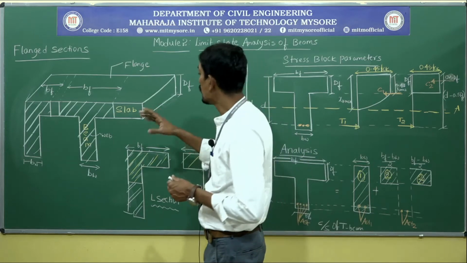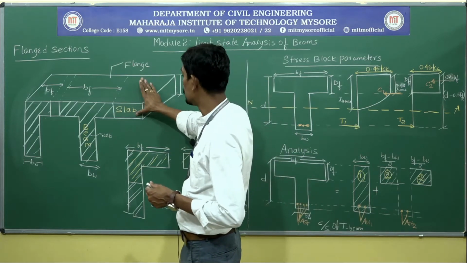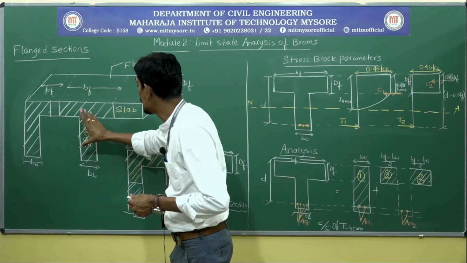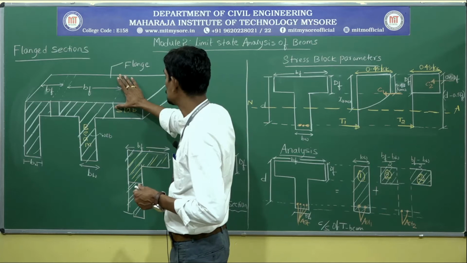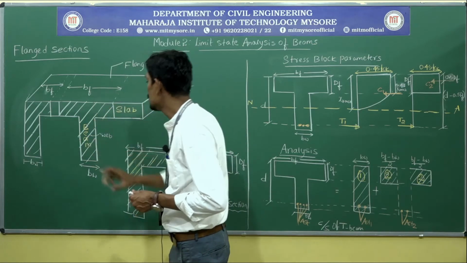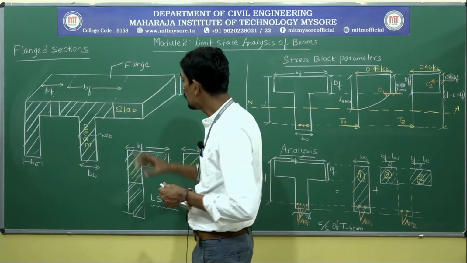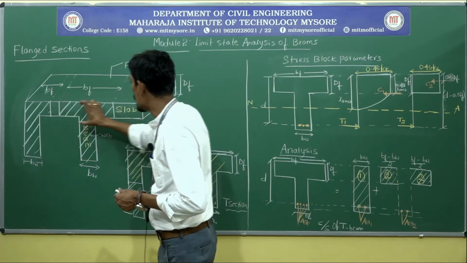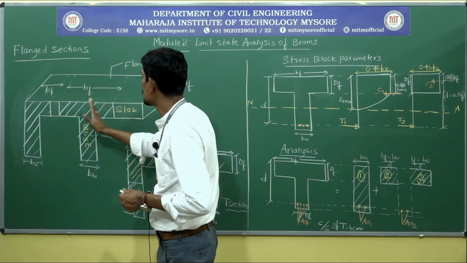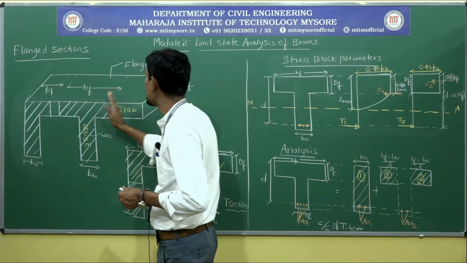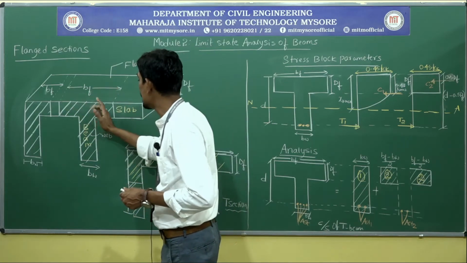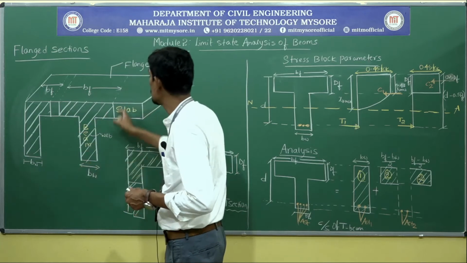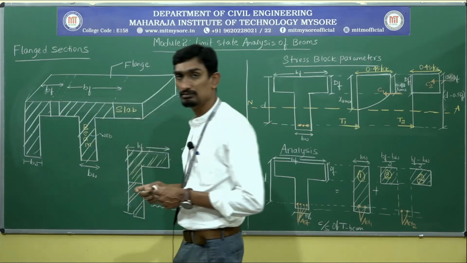The slab portion is the flange portion and the beam portion is the web portion. If the flange has projections on either side, this is called a T section.